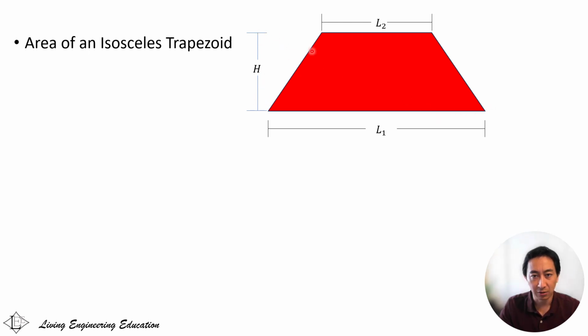We have the height drawn from this corner down with a normal line to the bottom length. Sometimes you'll see these defined as base A and base B, but in this case I'll just keep it as length 1 and length 2.